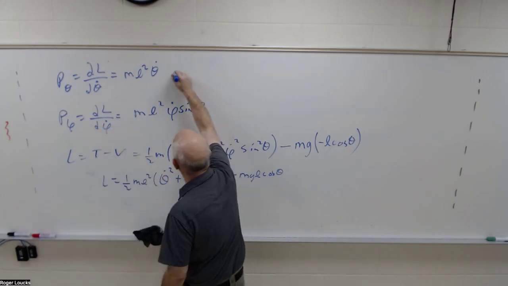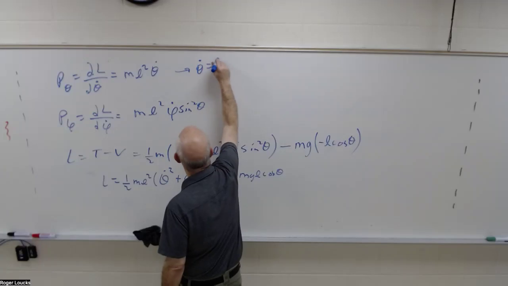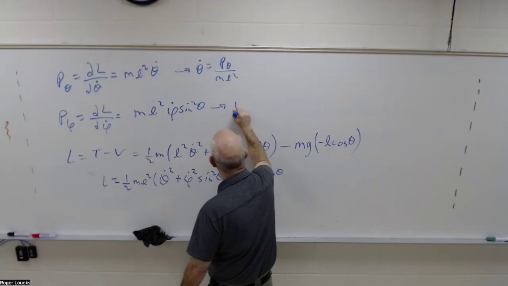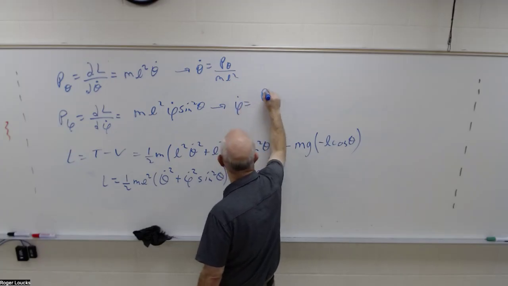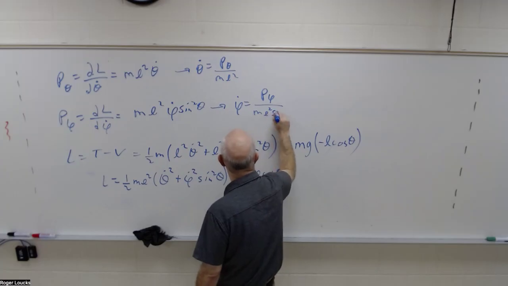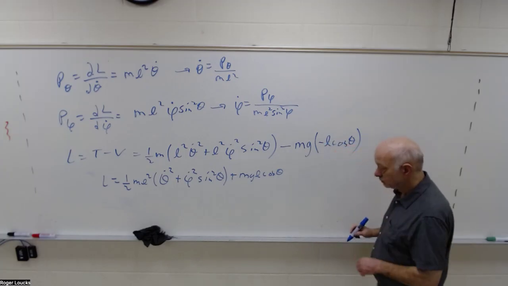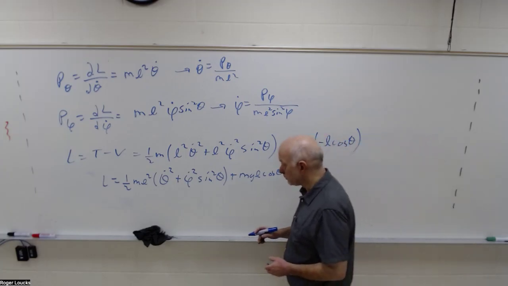So we're going to solve this for theta dot. So our theta dot is p theta over m l squared. And solve this for phi dot. So this is going to be p phi over m l squared sine squared theta. Then we can construct the Hamiltonian.